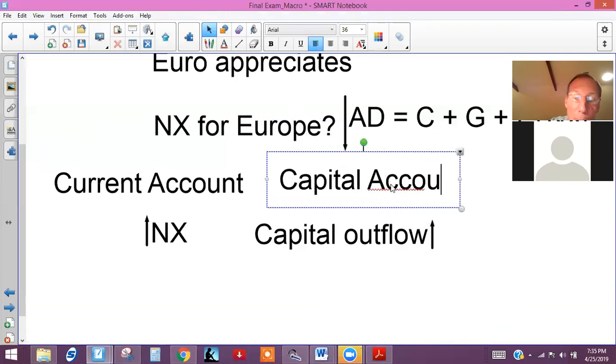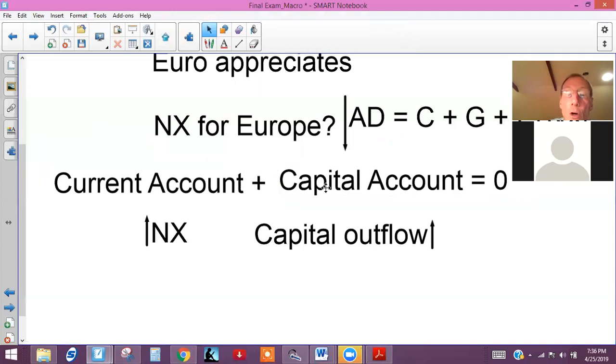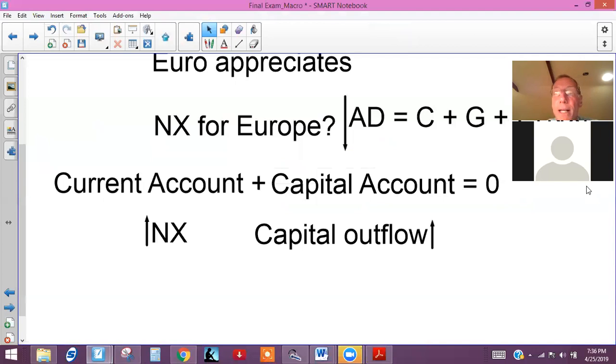So now the proper way to think about this is current account plus capital account, and the capital and financial accounts are synonymous. So if net exports go up, we get a surplus in our current account and capital outflow. If net exports go down, that means we're importing more, and we get a deficit in our current account.